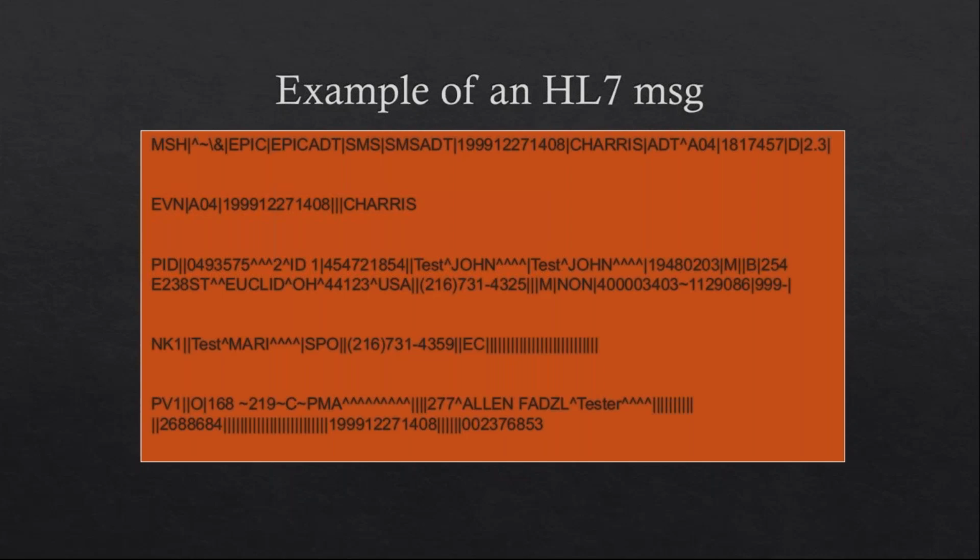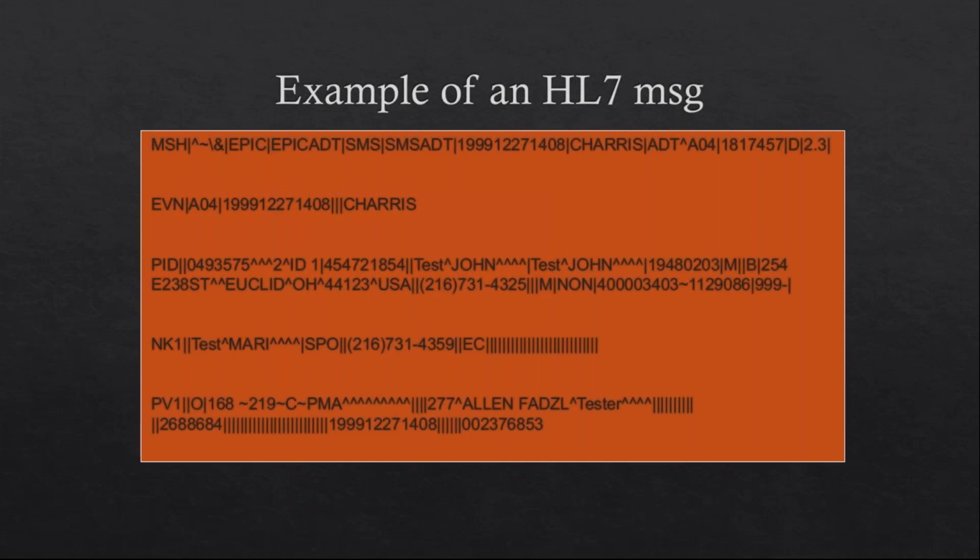By the way, each segment has its own name, and within each segment, the first three characters represent the name of that segment. Like we see here, MSH is one segment, EVN is one segment, PID is another segment, NK1 is another segment, PV1 is another segment. So we have 5 segments here.